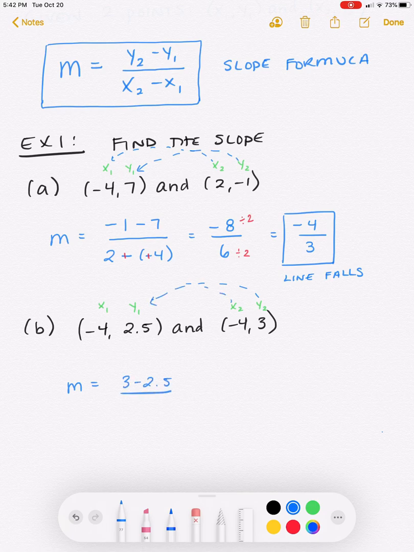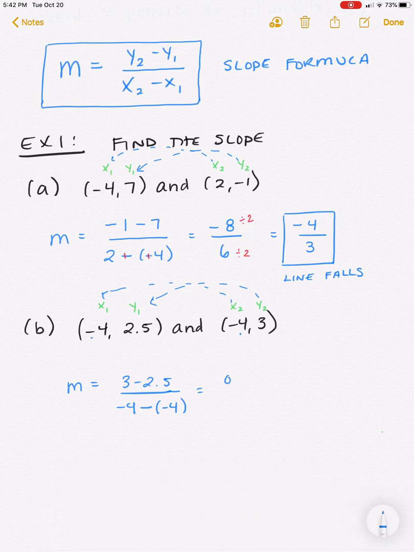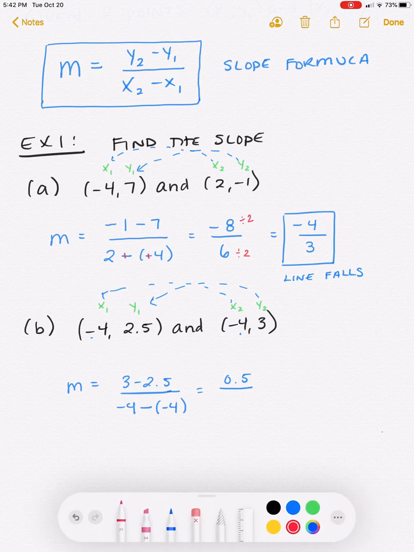And in the denominator, it's going to be x of 2 minus, again, we need to be careful, it's minus a -4. So let's see what happens. 3 minus 2.5 is going to be 0.5. -4 minus -4 is going to turn this into a plus. Well, -4 plus 4 is 0.